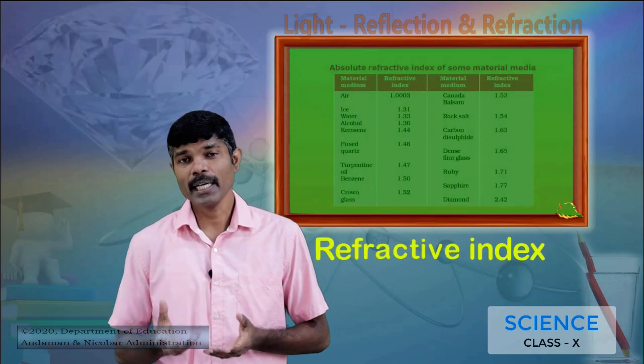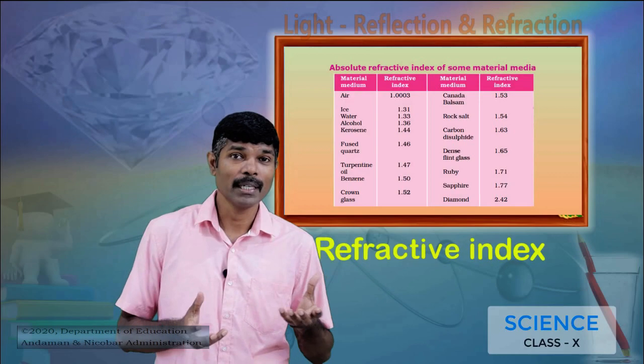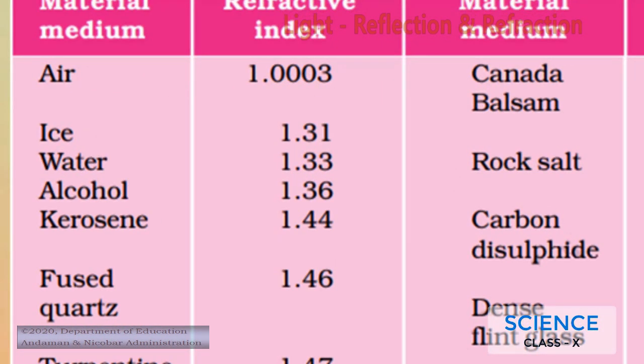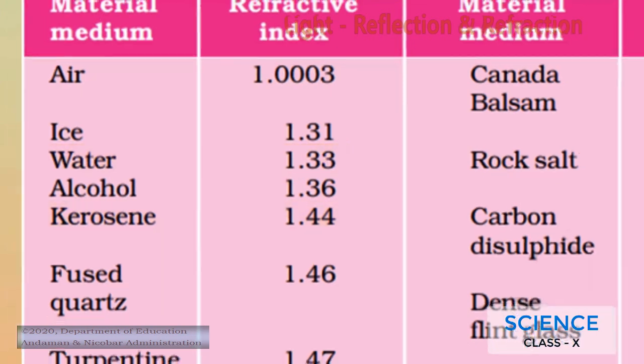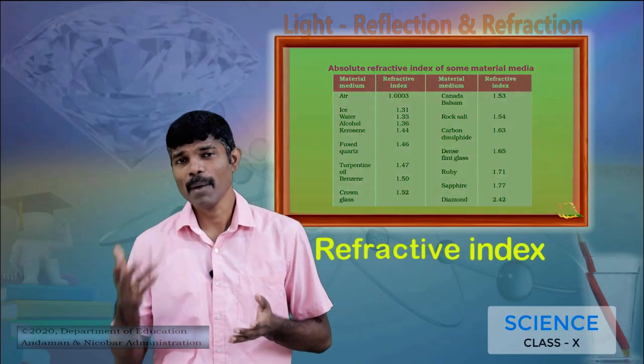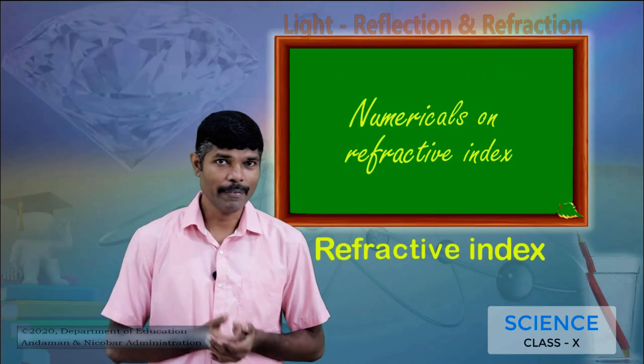And the optical density and the mass density is different. For example, in the table you can see that water is having low optical density than kerosene, whereas in the mass density, if you see, kerosene is lighter than water. So which shows that optical density and the mass density is different.